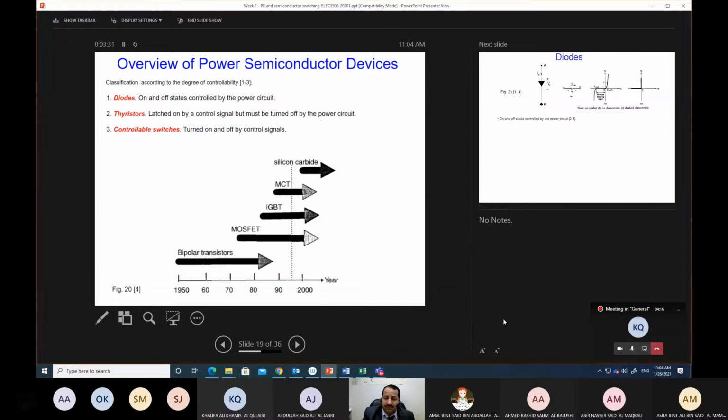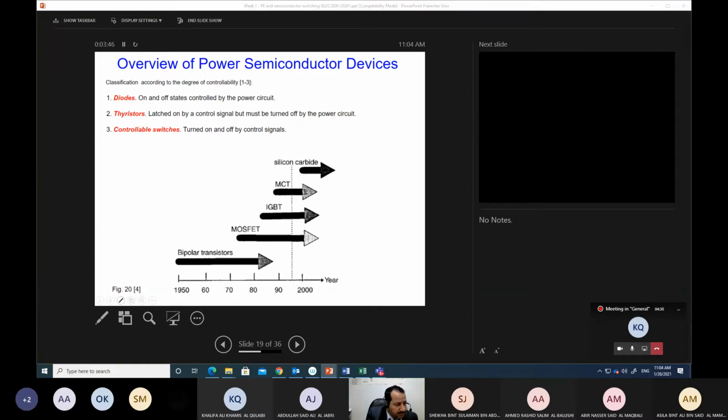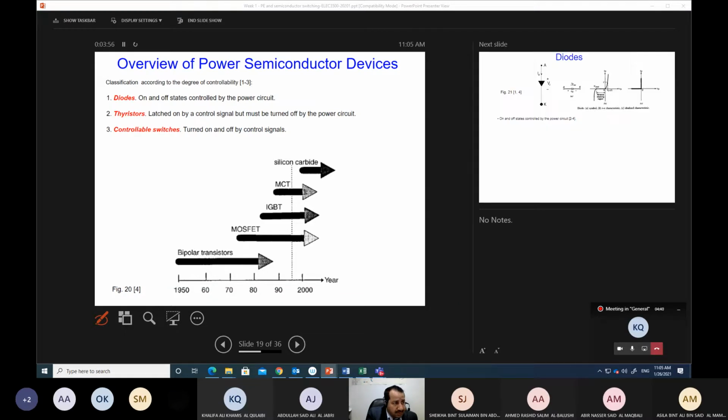Now, if I want to classify my semiconductor switches, I will say, based on their control, they are either uncontrolled devices, either on or off, which is represented by the diode. We call the diode an uncontrolled device. Why uncontrolled?